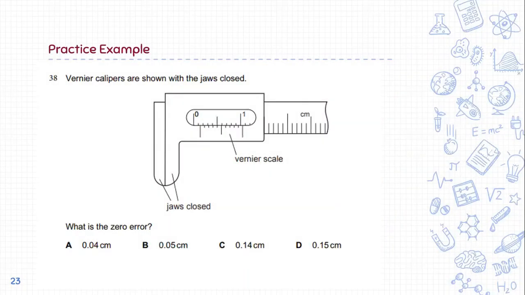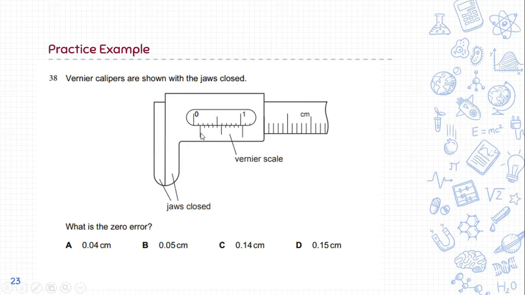Now moving on to the next question, we have to find the zero error in this. So 0 from the main scale, 0, 0.1, and then the Vernier scale starts.